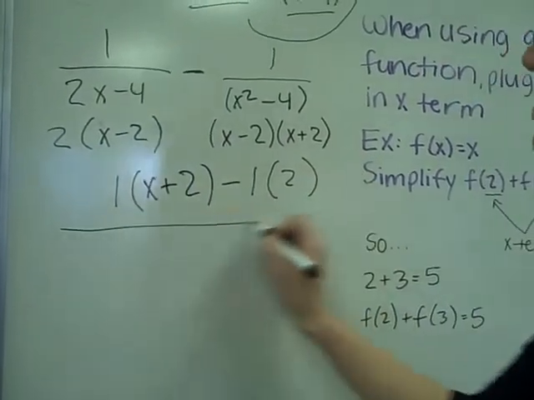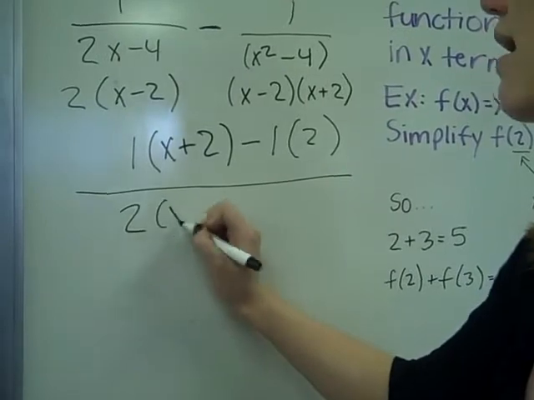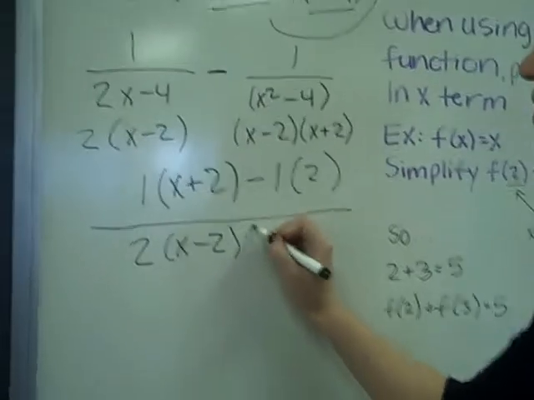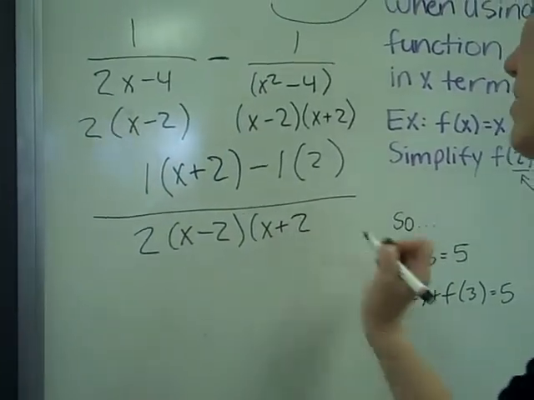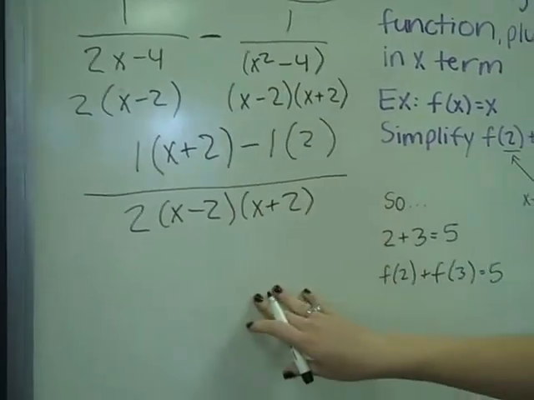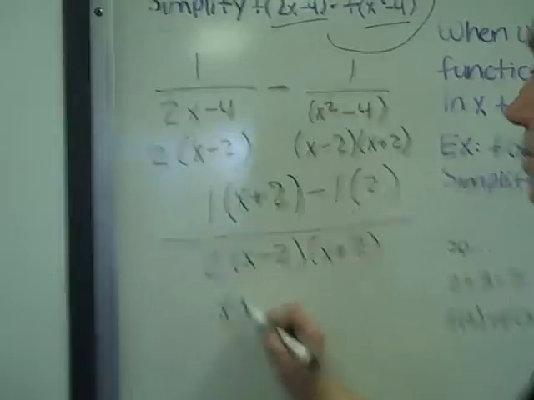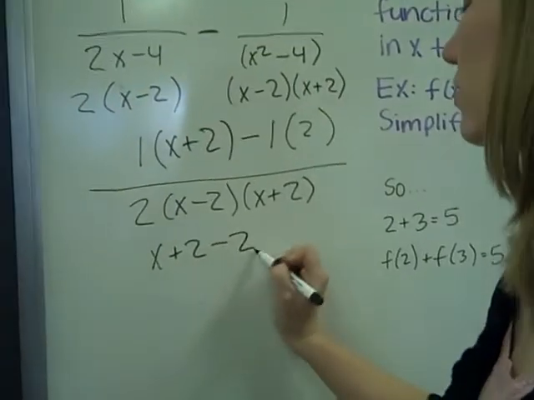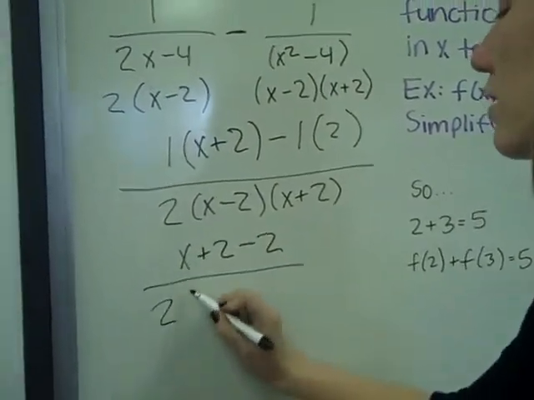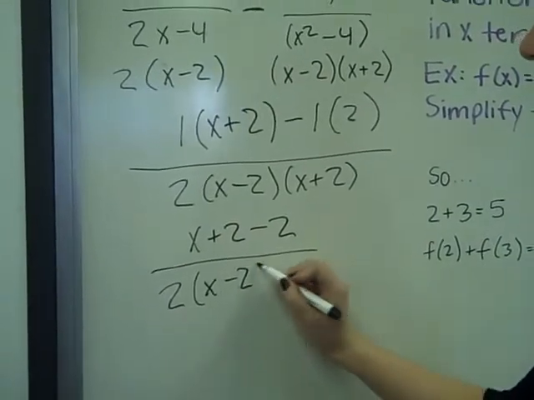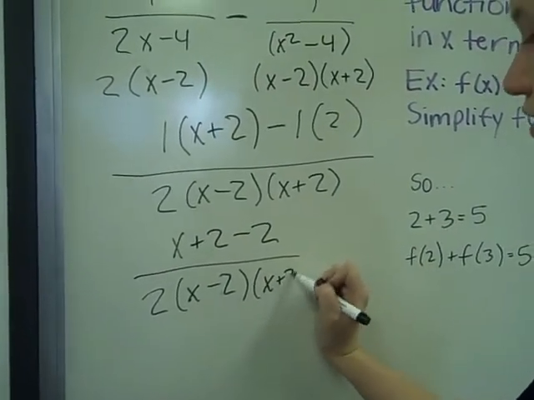And that's all going to be over 2 times x minus 2, x plus 2. And then what happens is you're going to simplify this. So x plus 2 minus 2 over 2, x minus 2, x plus 2.